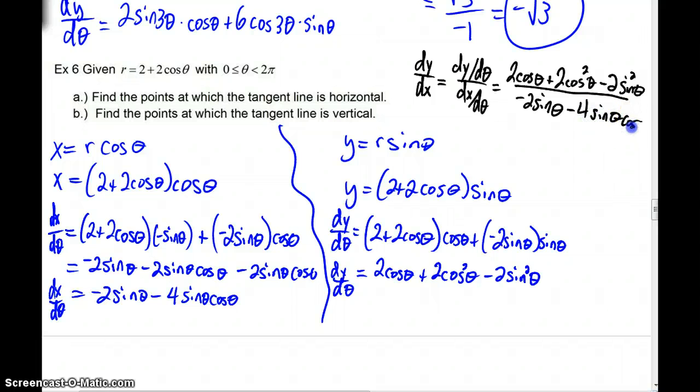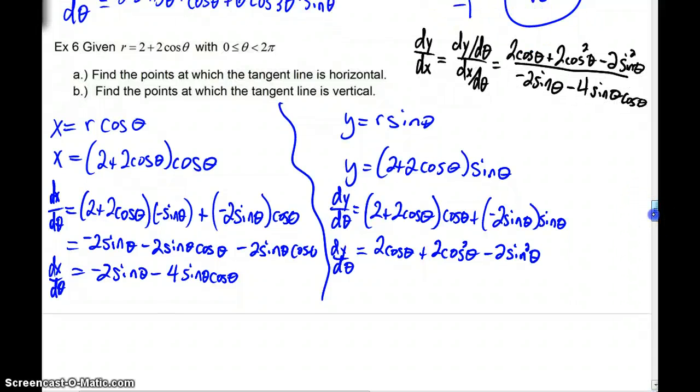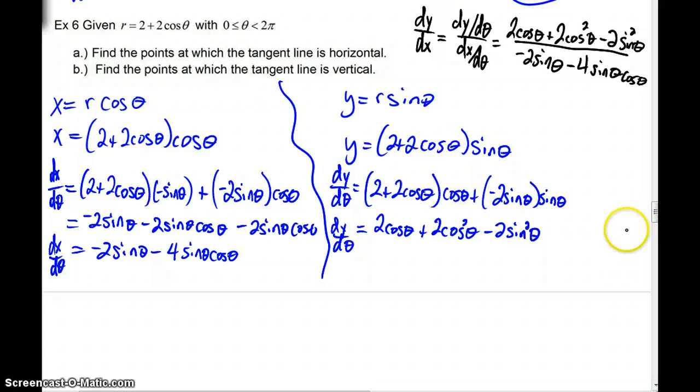Well, the question at hand is actually for us to find the points at which the tangent line is horizontal, find the points at which the tangent line is vertical. Well, what that means is if we looked at where our tangent line is, say, vertical, for example, we'd like for dx d theta to equal 0, the denominator to equal 0, and our numerator to not be 0.